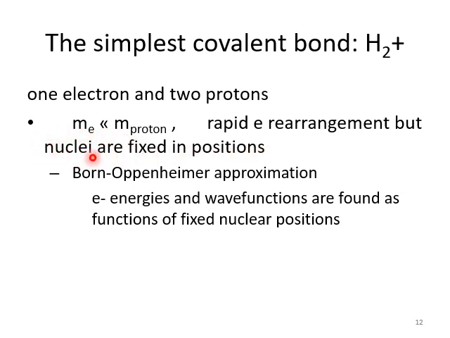Those positions will actually later be established by minimizing the total energy of the system. But for our purposes here, we just assume a distance between the two nuclei and then solve for the electron energies. That approach is called the Born-Oppenheimer approximation.